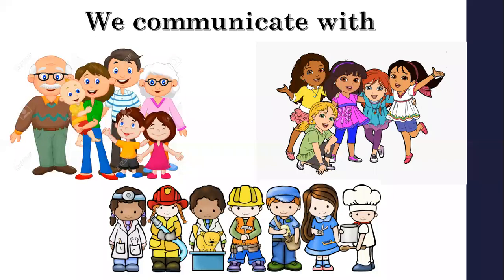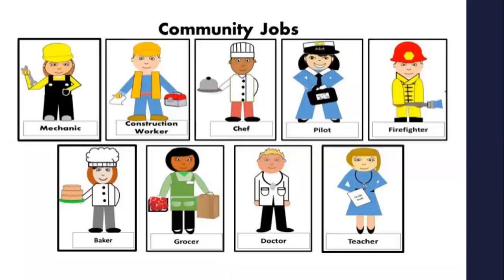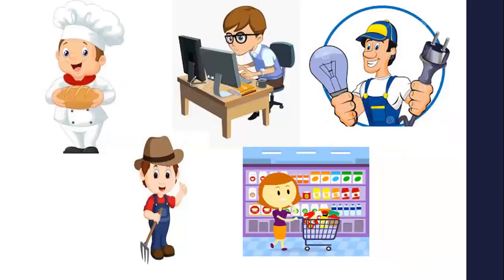Throughout this chapter, we learned about people in the community that we speak to during the day, like our family, our friends, and other members in the community. Also, we have learned a little about jobs we see in the community. Today, we are going to learn about some specialized workers, and we will create a map to show where community members might work.